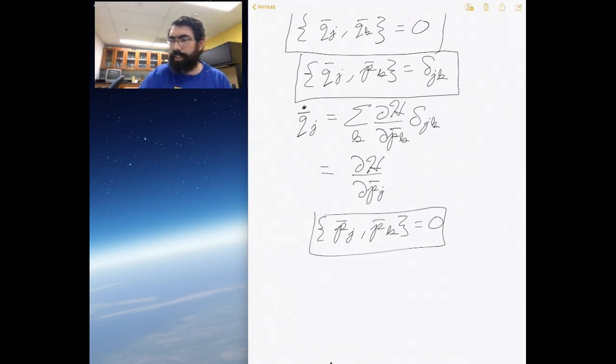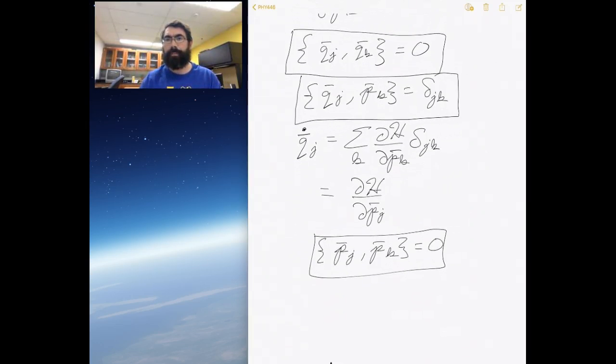So these three conditions right here, the Poisson brackets, since they work in the unbarred system, the original frame of reference, and they give us the same result, they return Hamilton's equations to us, then they also work in the barred system. So for two variables to be a canonical transformation, these Poisson bracket identities have to be satisfied.